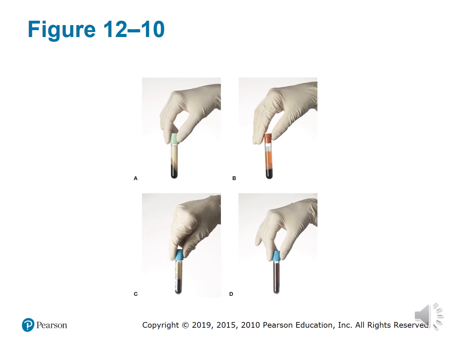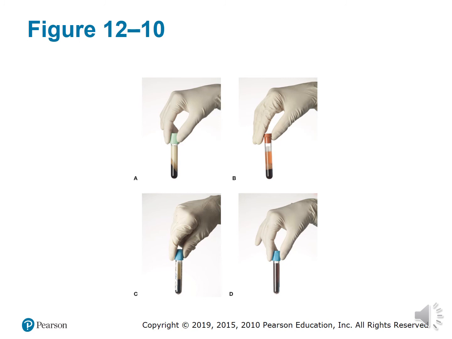So here you see what some of the different specimens look like. A good specimen, see A, it's extremely cloudy. There was no balance in the centrifuge.